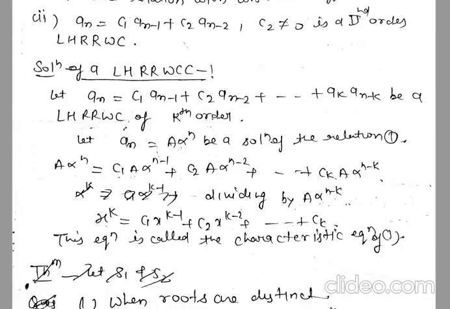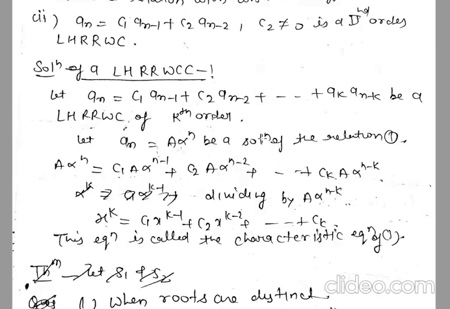So first, this is your series of the linear homogeneous recurrence relation. Write this series of kth order, because CK does not equal 0. There is CK here, so the order will be k. Now, when we solve this recurrence relation, we will consider that this series has a solution.